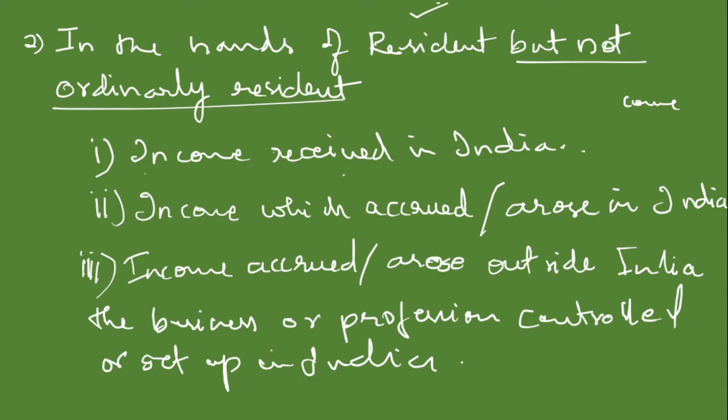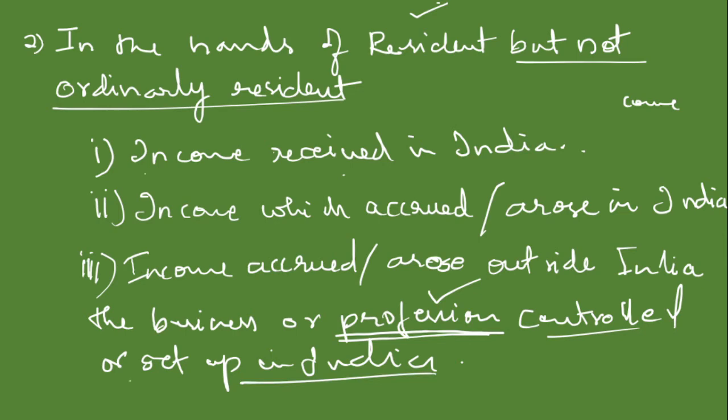Both ordinarily resident and permanent resident have the same clauses. Only a small thing: take an example, I am getting a salary, I went to America to present a paper, and at that time I received a salary or honorarium. That is through my profession, not through a company or any business I set up in India.